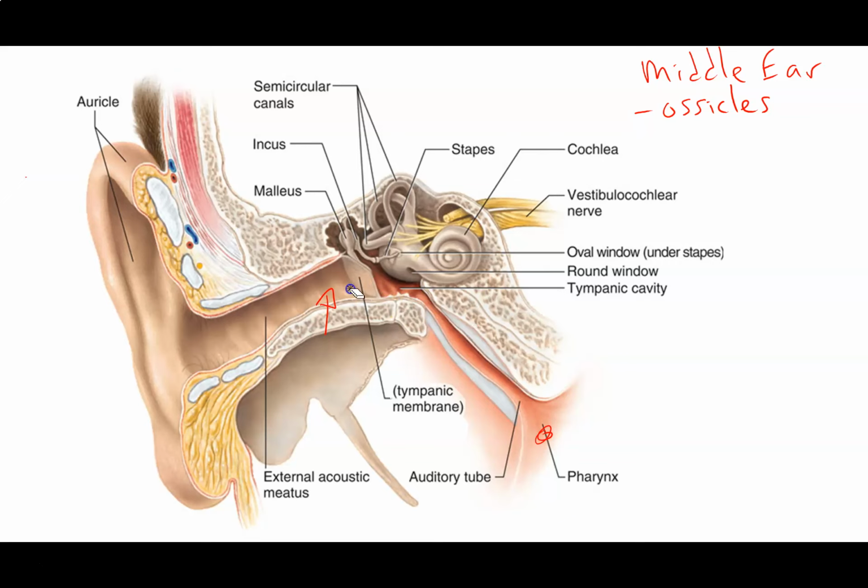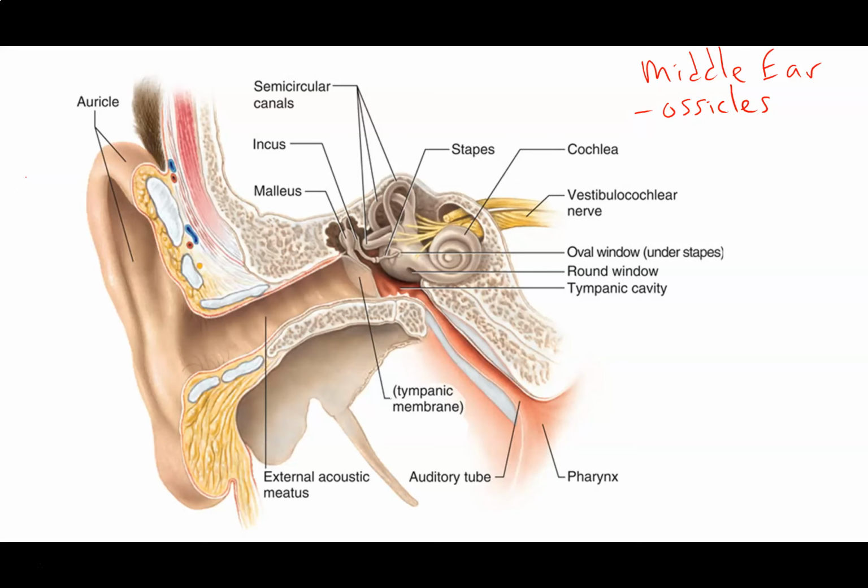Right? One situation where this kind of comes into play that I think a lot of people can relate to is if you go in an airplane or if you go up to the mountains, you'll notice at some point the sounds kind of get muffled and you can't hear things very well until all of a sudden pop and you can hear things, right?